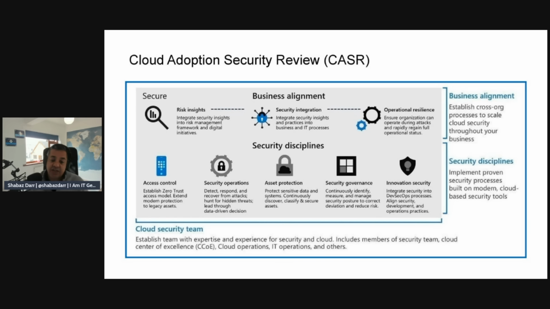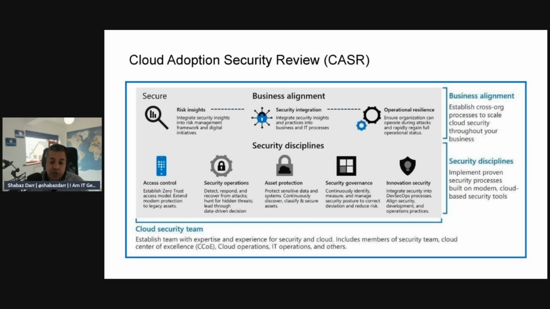And finally, innovation of security. So making sure you integrate security into your DevSecOps processes, align security and development as well. So that's within that secure box in the middle. But then on the outside, we have, like I said, business alignment. So you have to establish cross-org processes to scale that cloud security for your business.